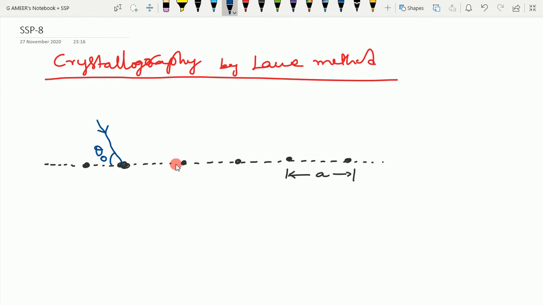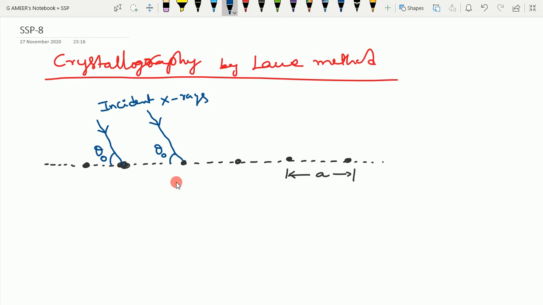Then another ray, parallel to it, is incident here, obviously at the same glancing angle theta naught. These we call the incident X-rays.